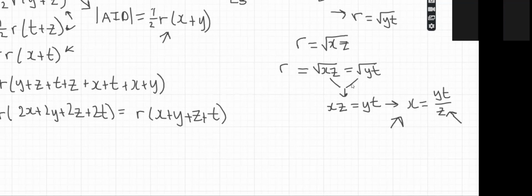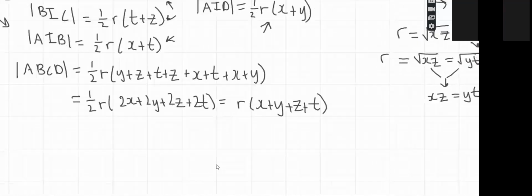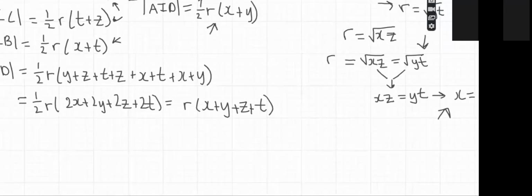And also, we'll let r be replaced by the square root of yt. Okay, so in this area formula, we'll write r as equal to the square root of yt and x as equal to yt over z.